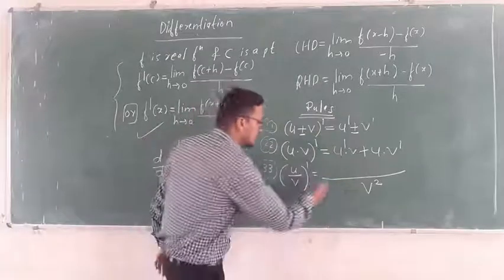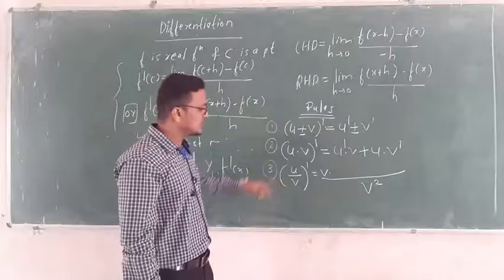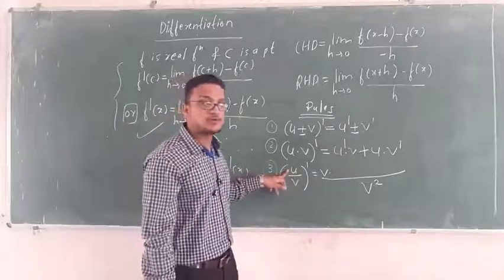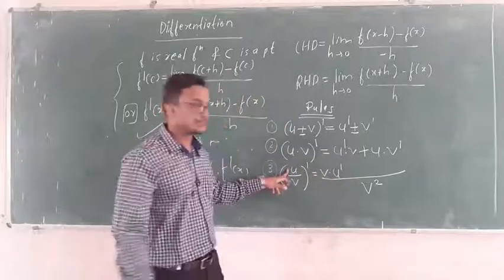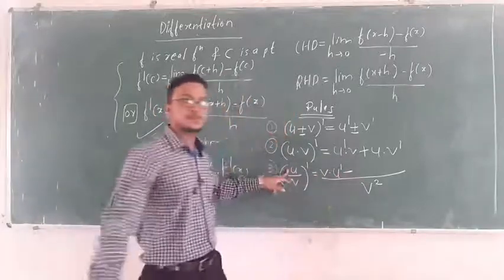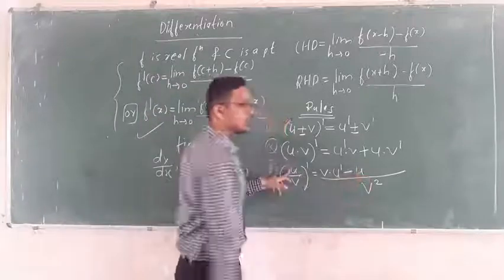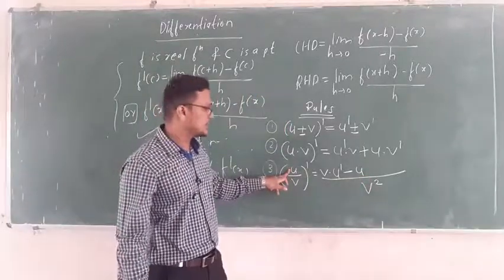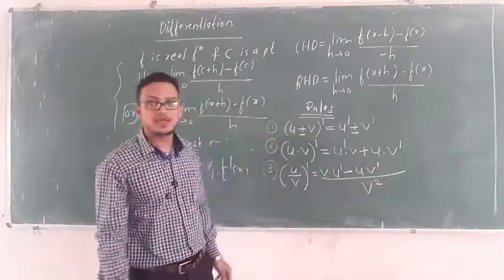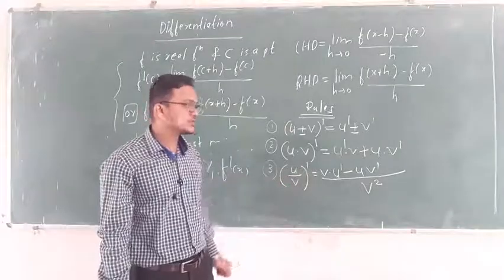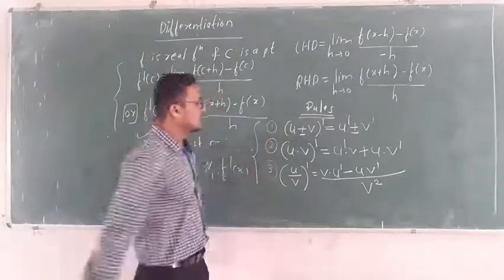Then denominator constant into derivative of numerator, so numerator is u, its derivative is u dash. The sign in between is minus. Now numerator constant into derivative of denominator, that is v dash. So this rule is called the quotient rule. All three rules are very important.